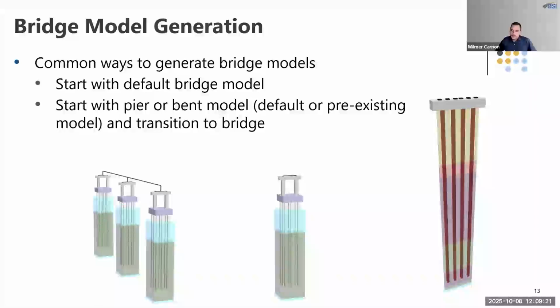Third, if you have some pre-existing custom models that you'd like to use, such as the one shown on the right, you can take any of these individual models and combine them together into one unified bridge model. For this series of slides, we're going to start with a default model first, and then in the live demo part, we'll start with the customized model, which we developed in the previous webinar.